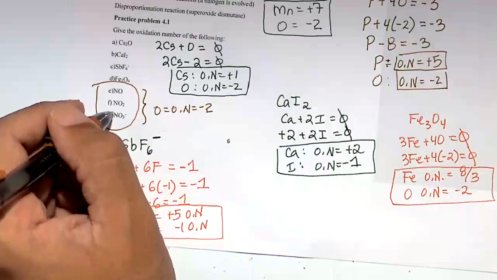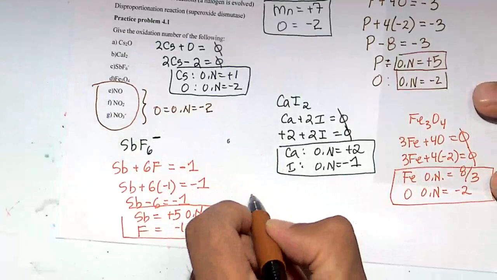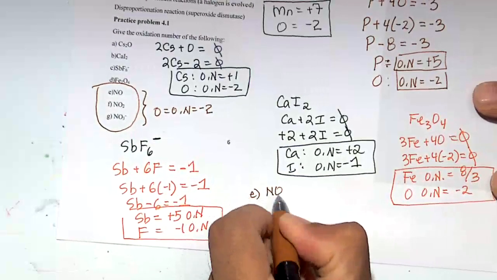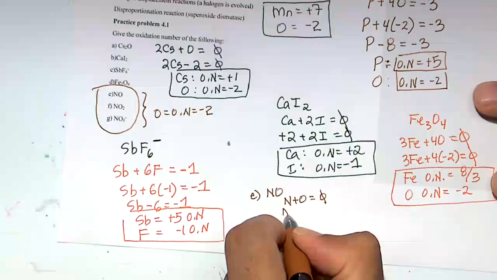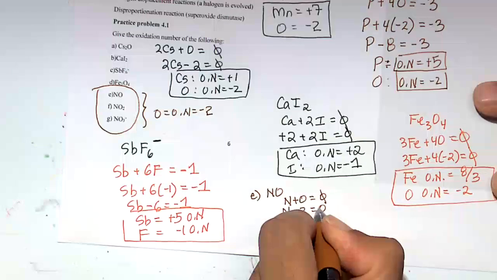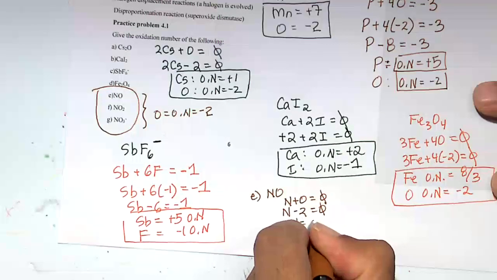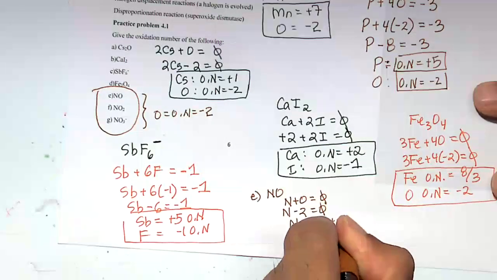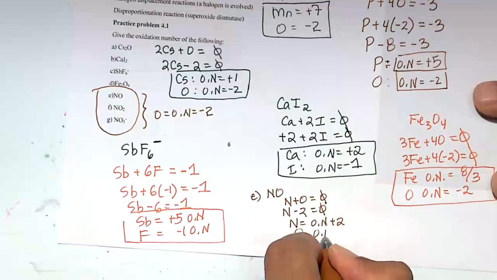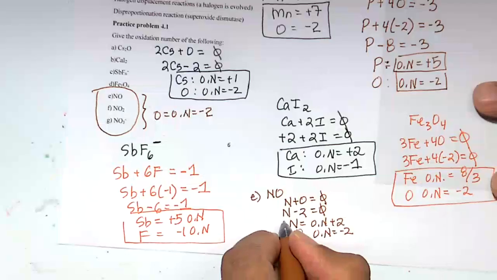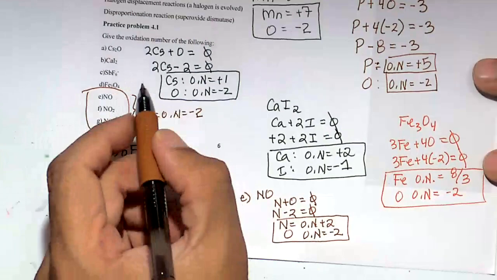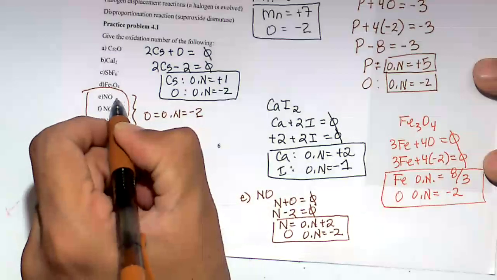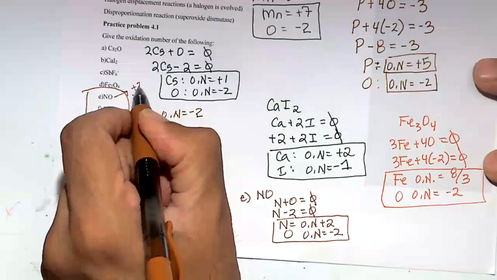So it can be oxidized, it can be reduced. Okay, we'll first do NO. Okay, N plus O is equal to 0. Oxygen is going to be minus 2. So nitrogen will have an oxidation number of plus 2, and then oxygen, as we always mentioned before, minus 2. Okay. So nitrogen will have a plus 2 oxidation number here.